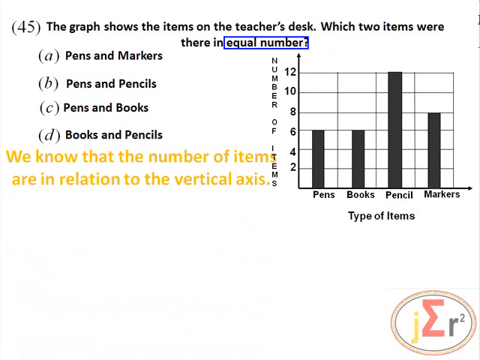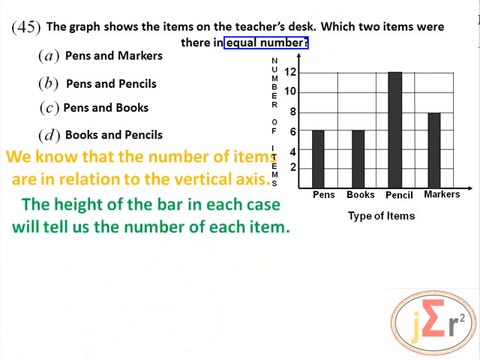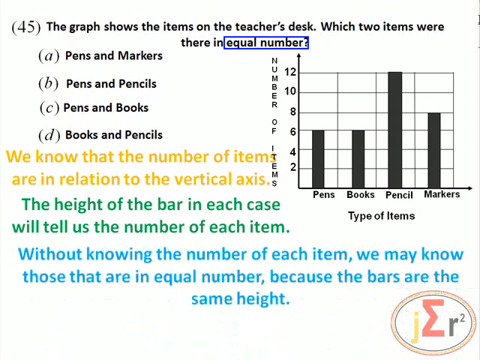We know that the number of items is in relation to the vertical axis. The height of the bar in each case will tell us the number of each item.